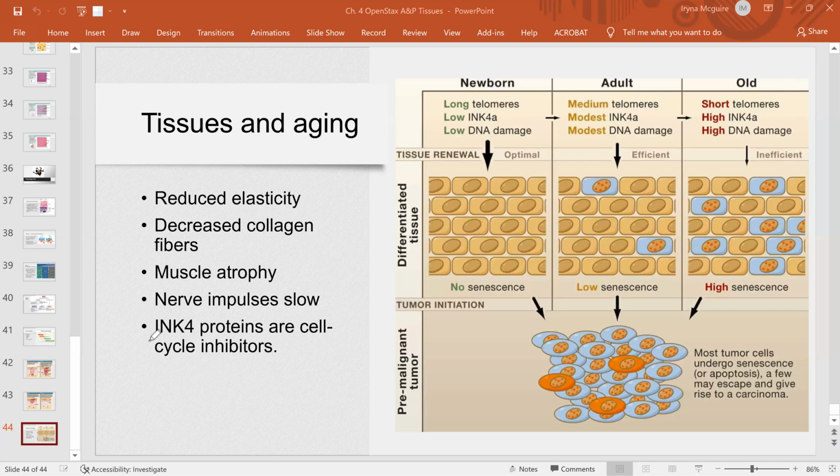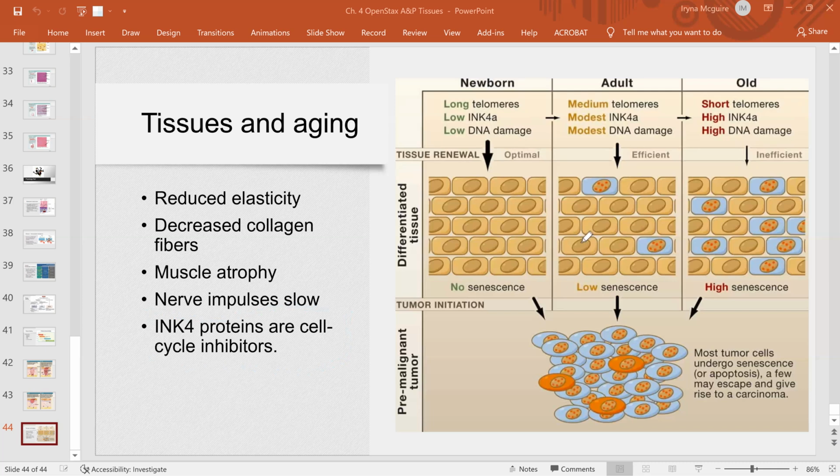Now these INK4A proteins, shown over here, are cell cycle inhibitors. Now, what is the cell cycle? The cell cycle is when your cell goes through the stages of growing and DNA replication, and then cells can divide. So if you inhibit this cycle, that means you decrease the ability of your cells to divide, right?